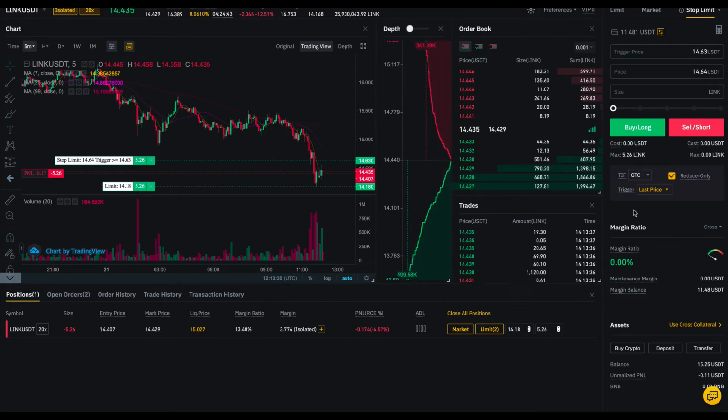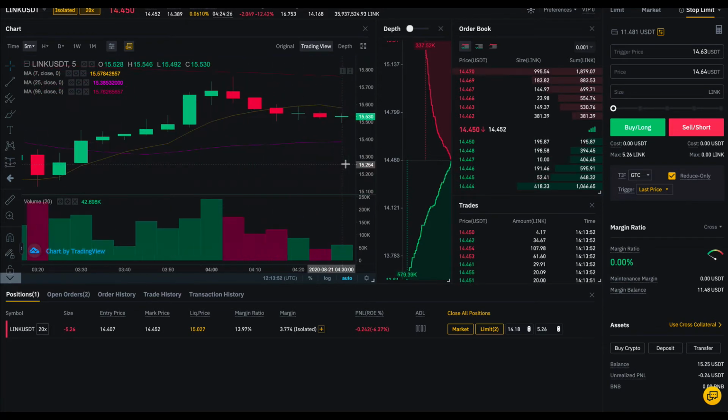This is why a stop limit can help you. Let's say you are trading larger portions, use stop limits rather than hard stops. I hope that helps. This is in the margin market.